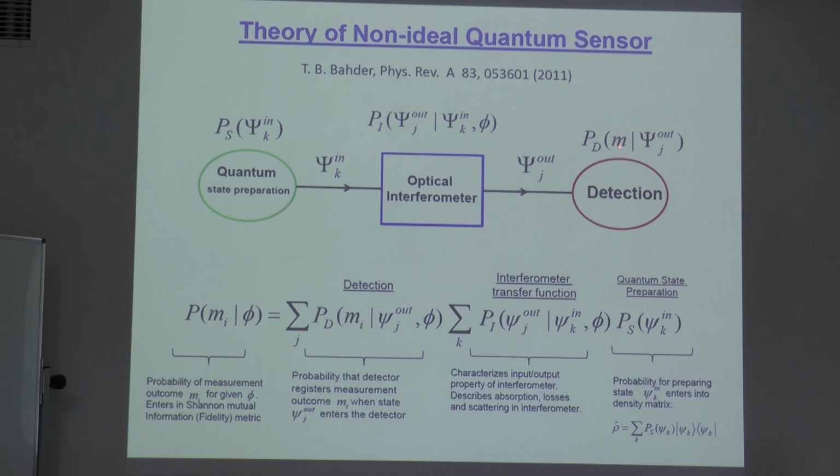So this measures the quality of the detectors, this tells you about loss and scattering, and this about your state preparation. You can concatenate these three probabilities using Bayes' theorem, and I won't look at this in detail, to give you a final probability of a measurement given the phase.